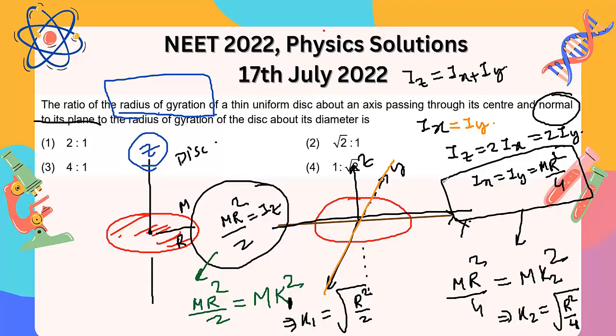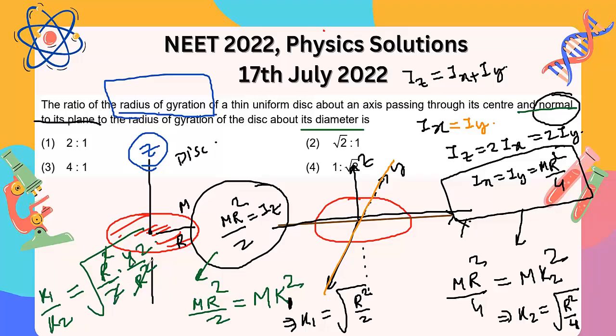The question is asking for the ratio of the one about the normal to the one about the diameter. That means you have to find k1 upon k2, right? So k1 upon k2 is square root of r square by 2 divided by r square by 4. This cancels out, and this is 2, right? So I'm getting k1 upon k2 is square root 2.